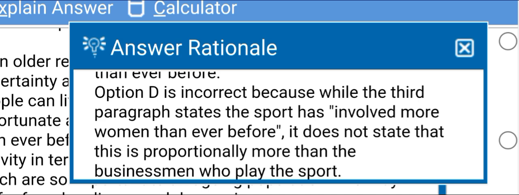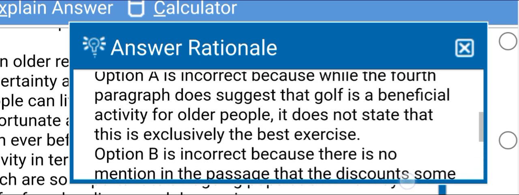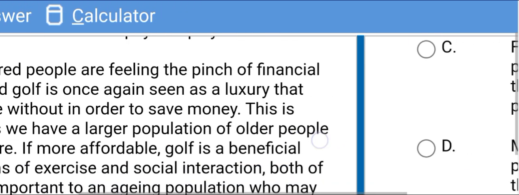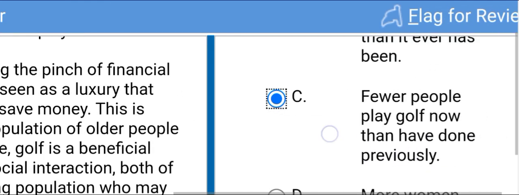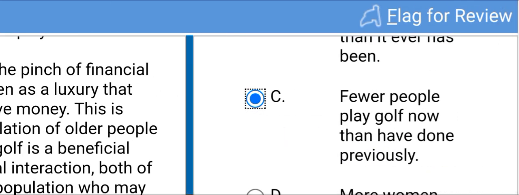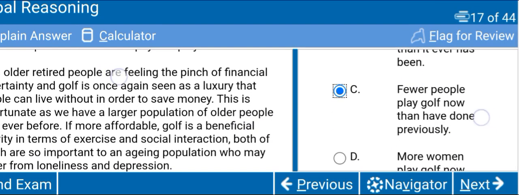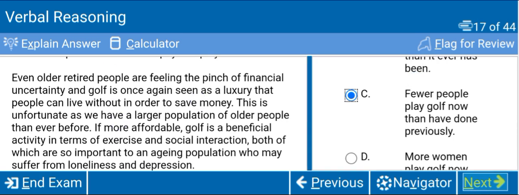It does not state that this is proportionally more than the businessmen who play the sport. So that's why we have option C as our correct option, which says fewer people play golf now than have done previously.